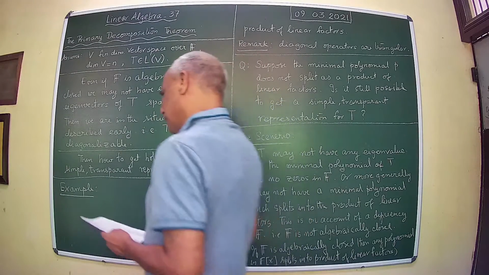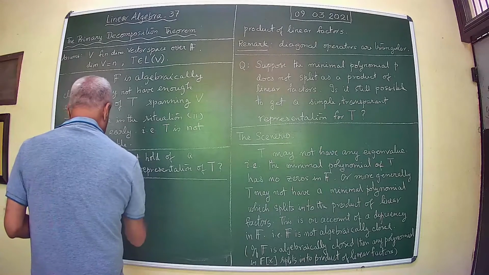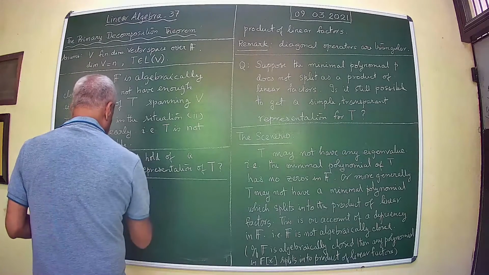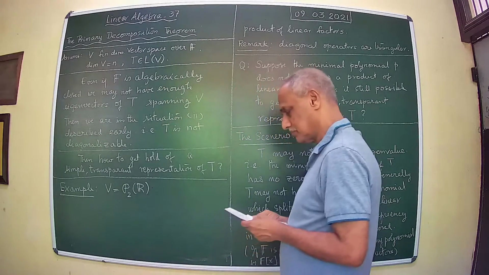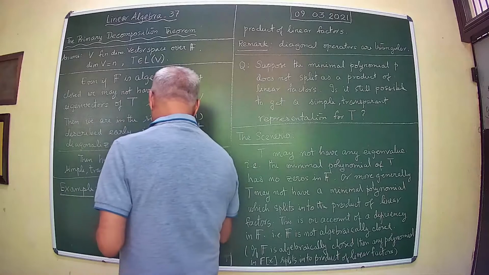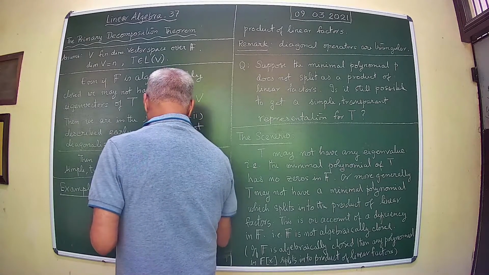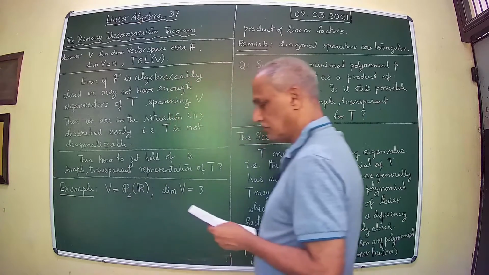First, do the usual thing that we do. We take the operator T on R^3, dimension is 3.